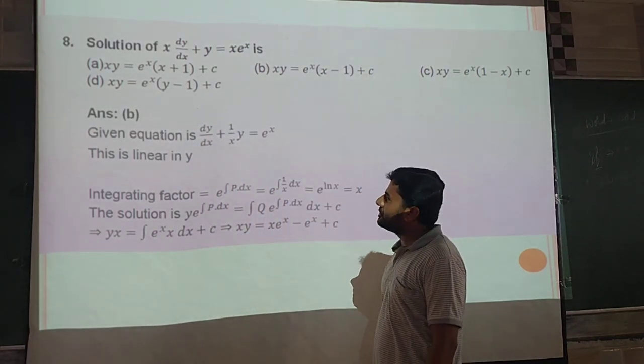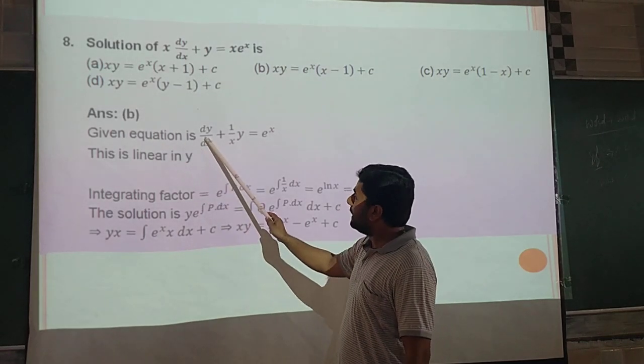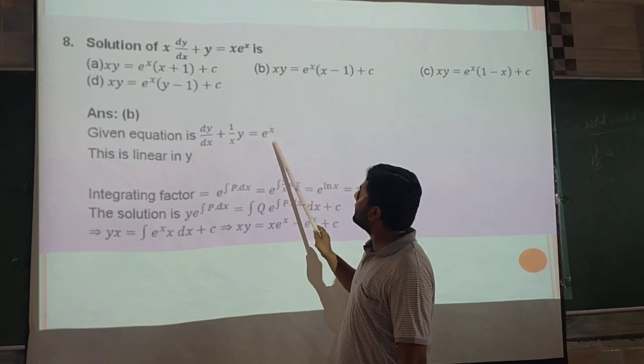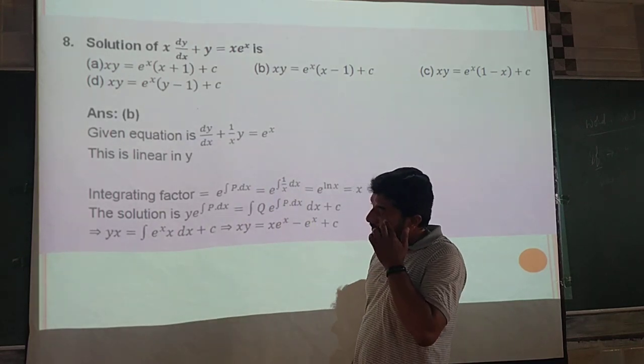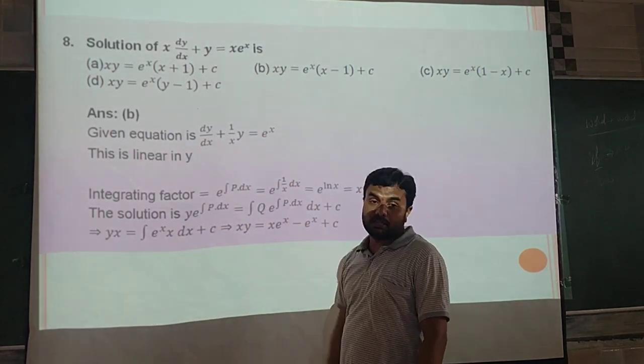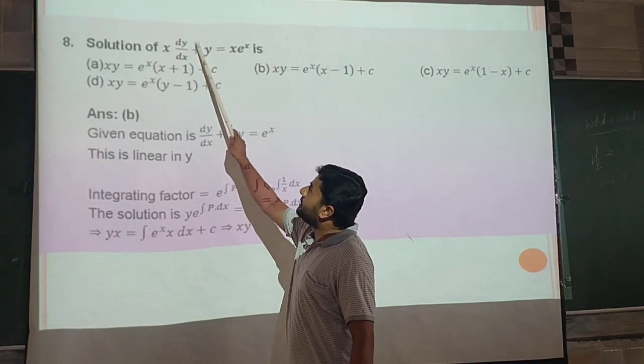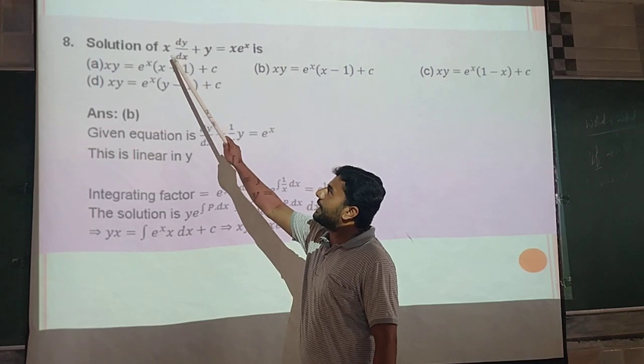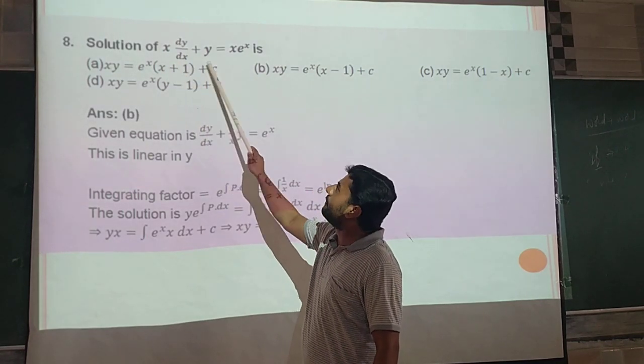Here the given differential equation is x dy/dx + y = x e^x. We know this is a linear differential equation, but the coefficient of dy/dx must be removed, so we divide both sides by x.